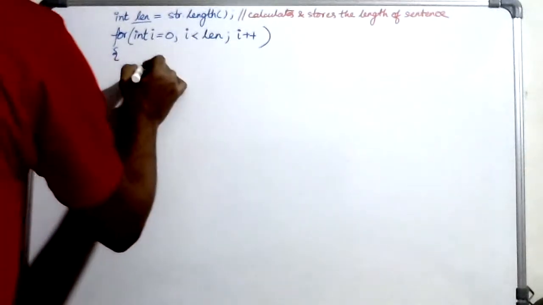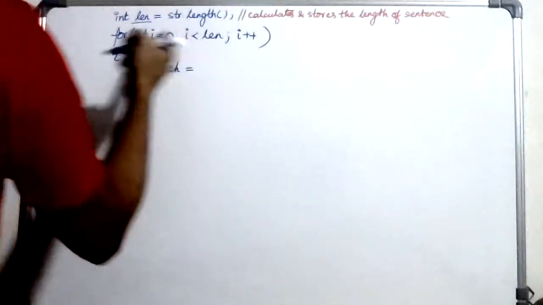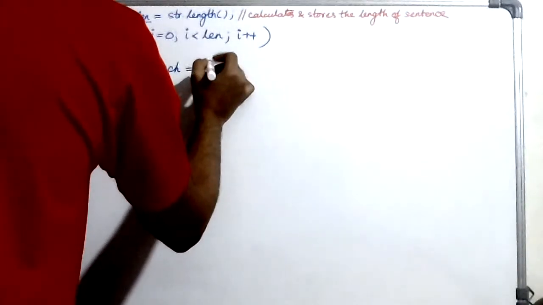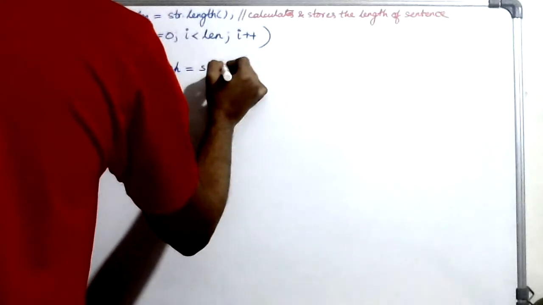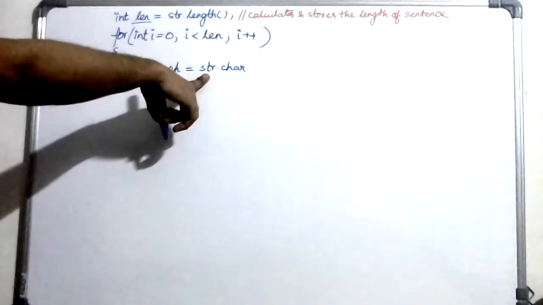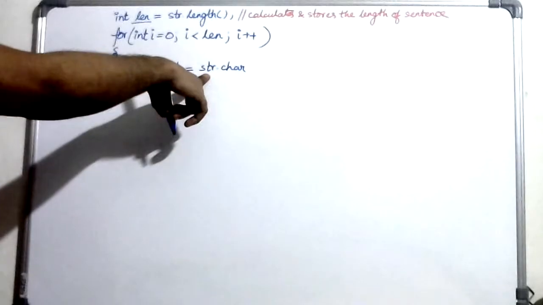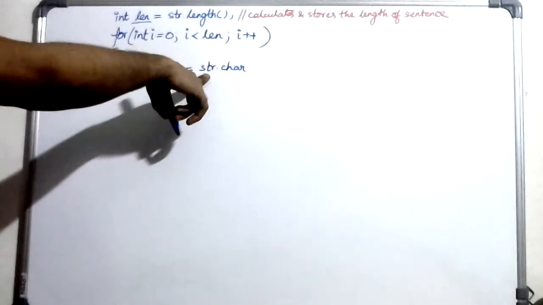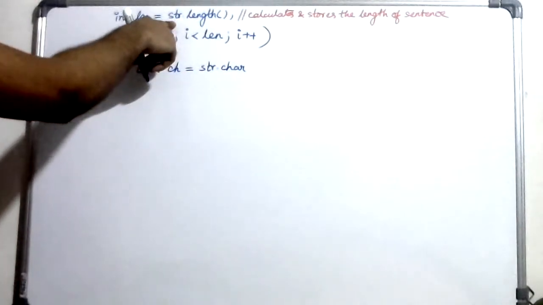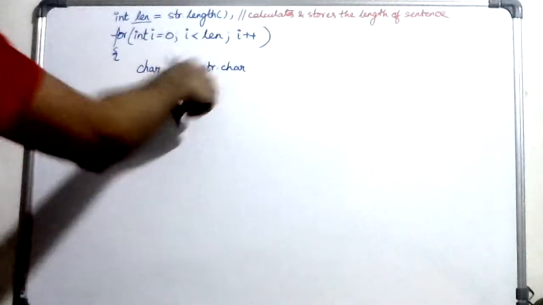We have to define a character variable ch to store the extracted character, and then we'll call the charAt function on the string that contains the sentence. So as you remember, all string functions are called on the string variable upon which we are working. So the length function is called on the string variable str because we are working on str. The charAt function will similarly also be called on the variable str.